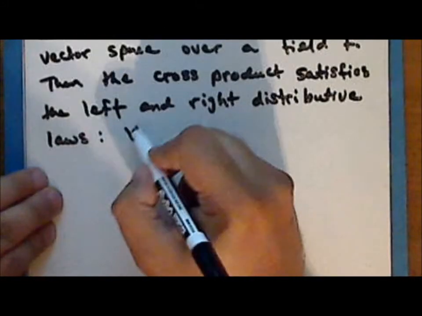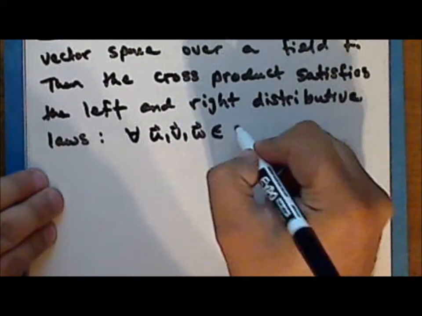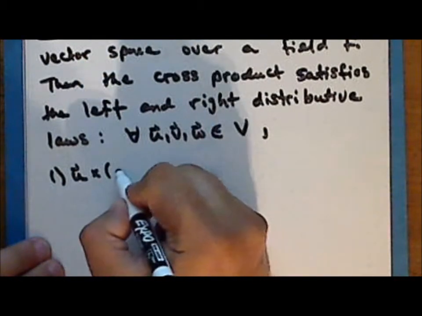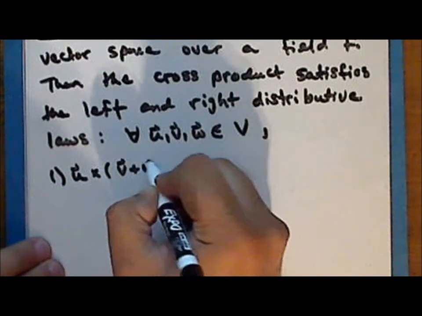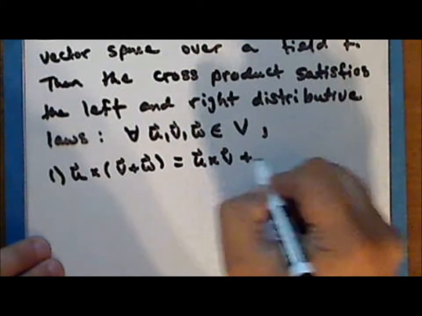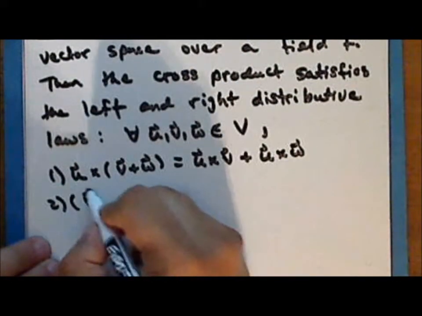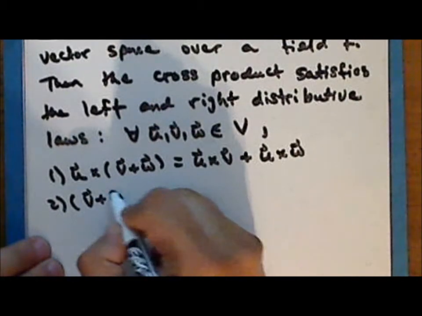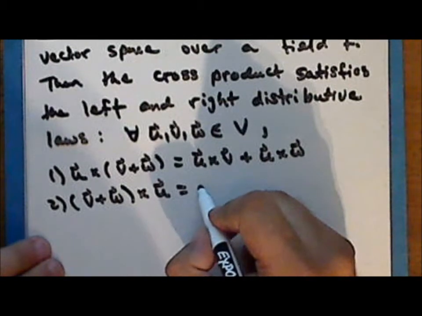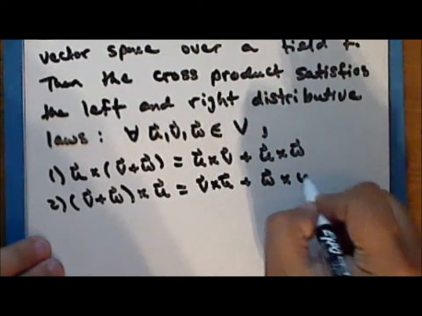that is, for every three vectors u, v, and w in the three-dimensional vector space V, we have that u cross the sum v plus w is the sum u cross v plus u cross w, and the sum v plus w cross u is the sum of the cross products v cross u plus w cross u.